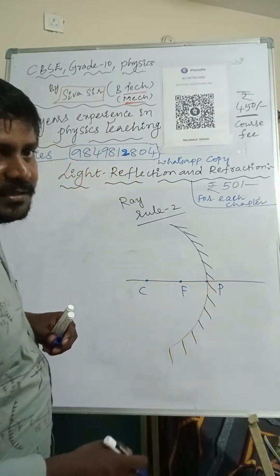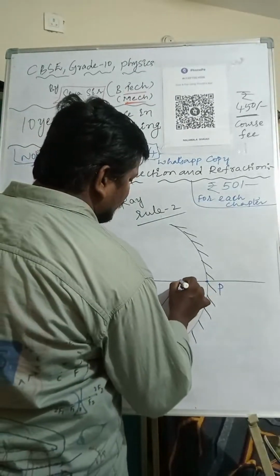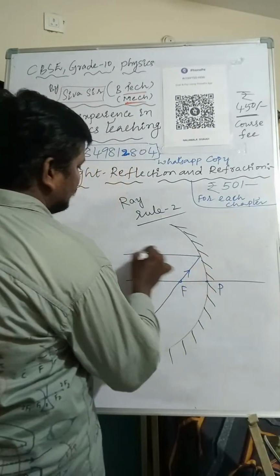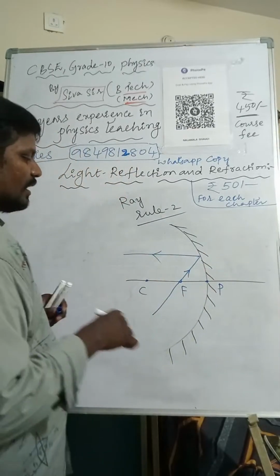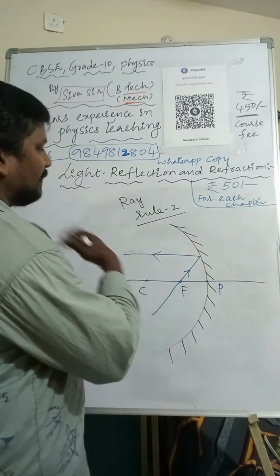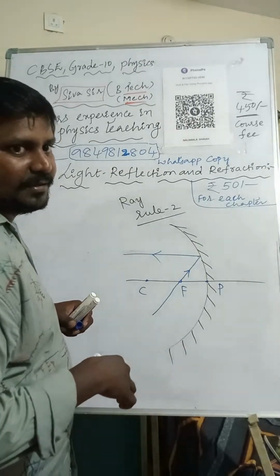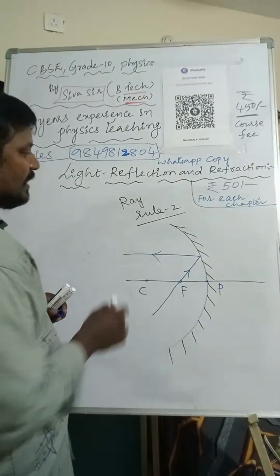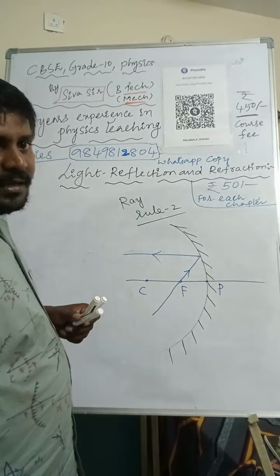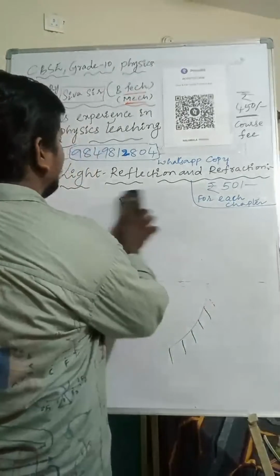Focus. Center of curvature. The light ray is passing through focus here like this. If a light ray passes through focus, after reflection it passes towards infinity. So this is the second ray rule. Is it clear? Anyone have doubt? No. Next one.